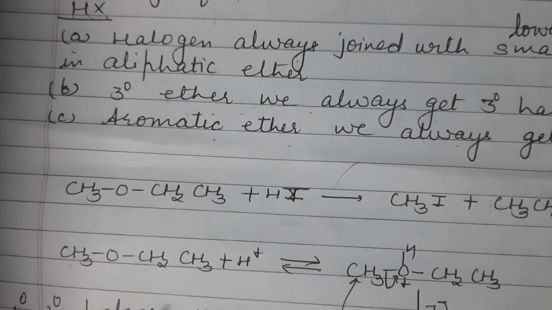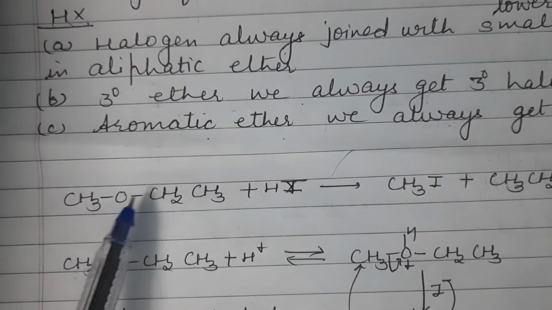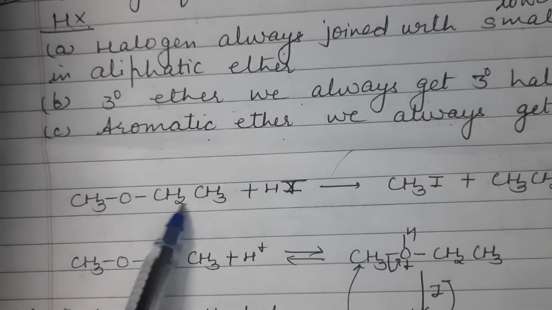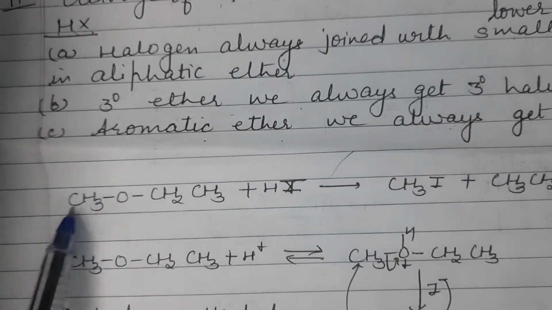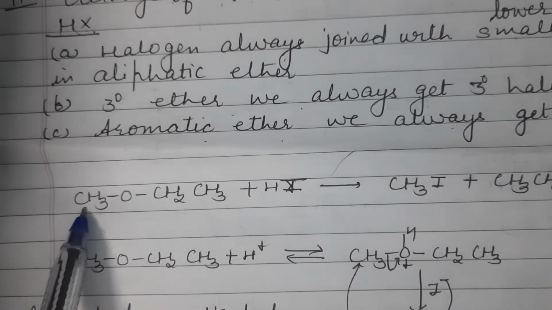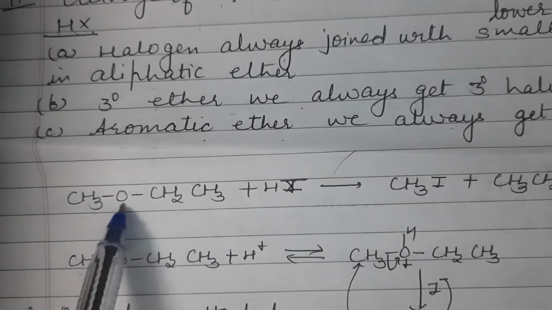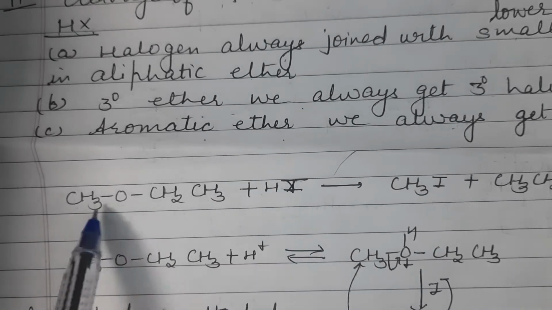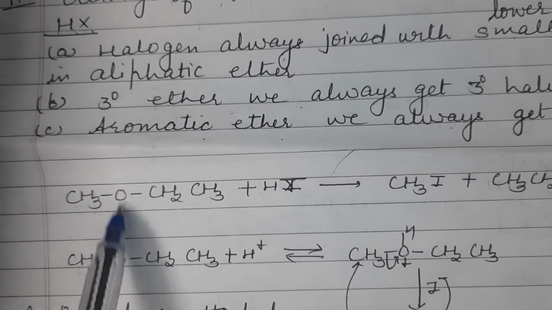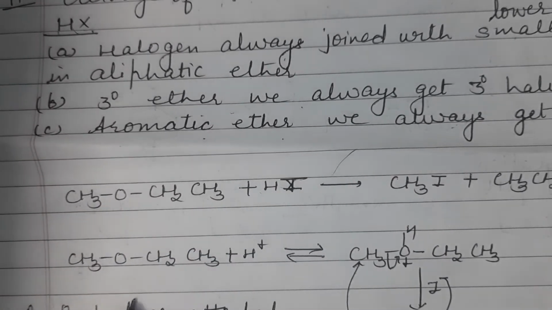This is your ethyl methyl ether. Here the ethyl part is the big R group and methyl is the small R group, so the halogen attaches with the small R group and the big R group forms alcohol. So here we get methyl iodide and ethyl alcohol. This is the reaction. How will this reaction take place?